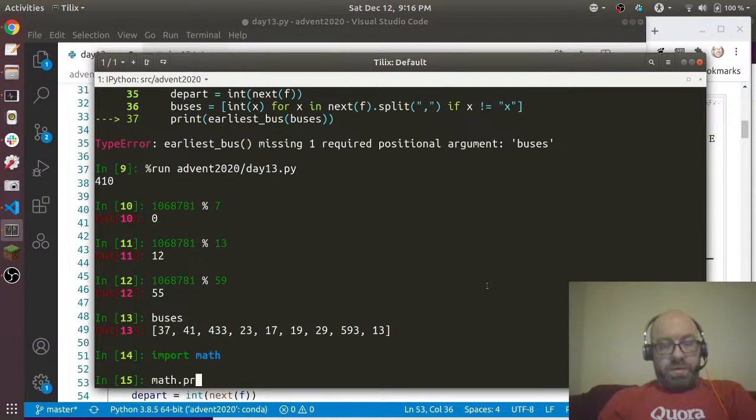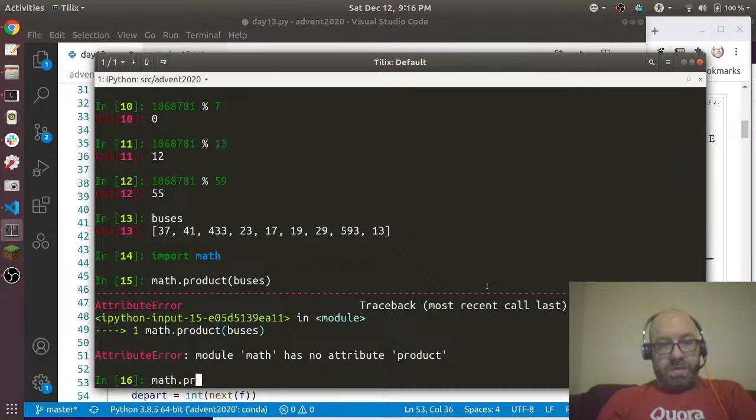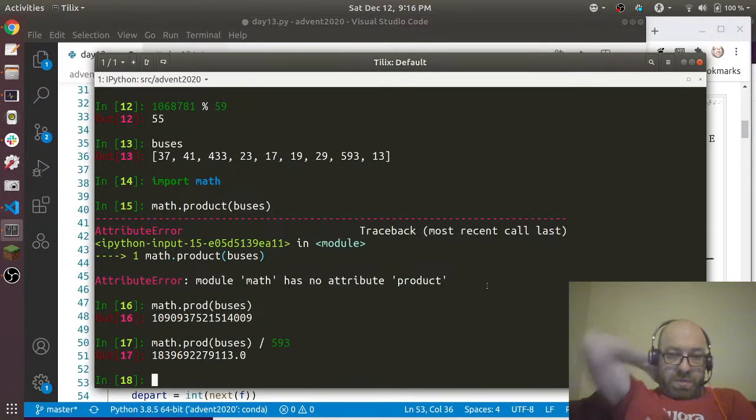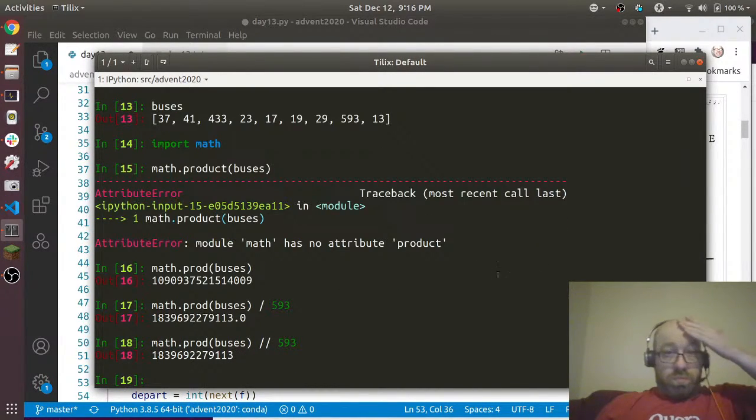Import math, math.prod of buses is going to be, okay, so that's a big number. I don't want to check all those things. math.prod of buses divided by 593, that's still a lot. And so let me think about what the right way to do this is.